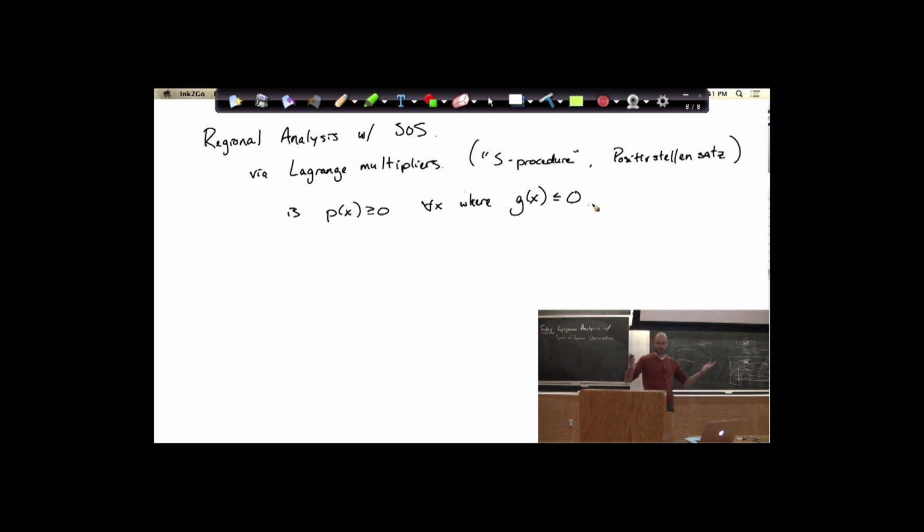Right, if I can define my region with another polynomial, then it's enough to ask, for all x, is P of x plus lambda of x times g of x greater than 0, for some polynomial Lagrange multipliers. I'll show you a specific example of this.